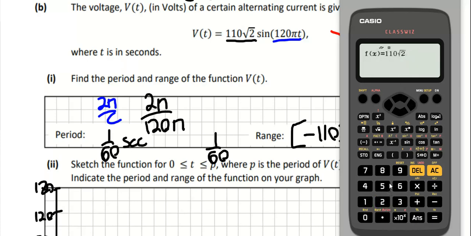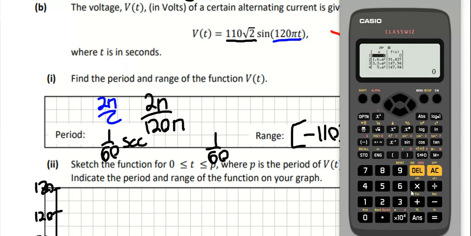If I didn't do that, I'm goosed. And sine 120 pi. Instead of t, I'm going to use x. I'm going to start at 0, go to an end of 1/60, and do a step of 1/600, because that'll be 10 equal slots.